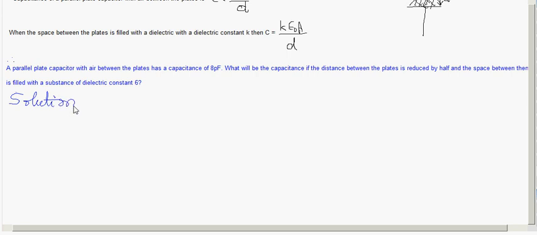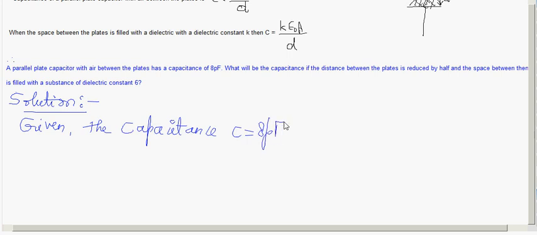Given the capacitance C is equal to 8 picofarad, and this value holds good when the plate is filled with air. Let us say this capacitor has area A and distance between the plates D, and the dielectric is air.